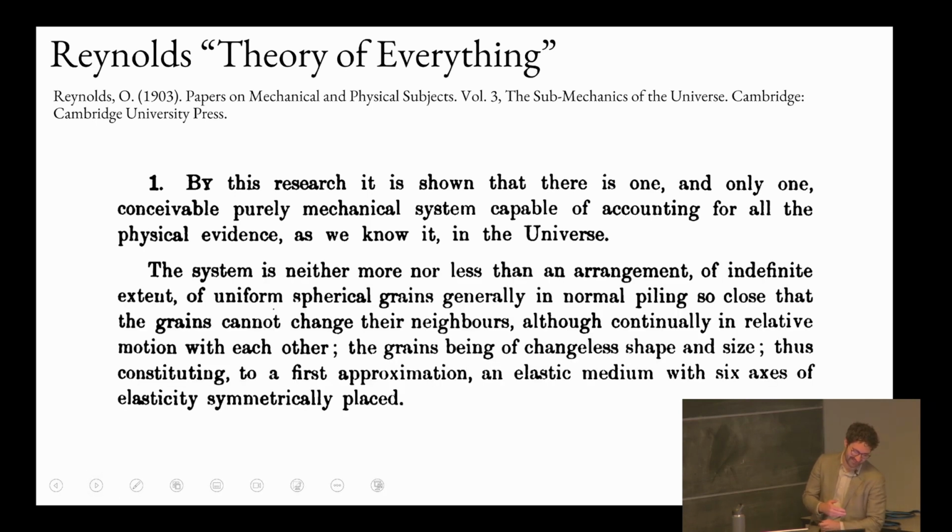Especially because in the next paragraph, Reynolds says that the entire universe is basically a continuum approximation. It says the entire universe is basically an arrangement of spherical grains that affect each other's motion, and everything constitutes an elastic medium with 6 axes of elasticity symmetrically placed.